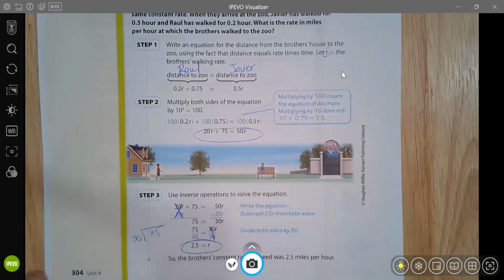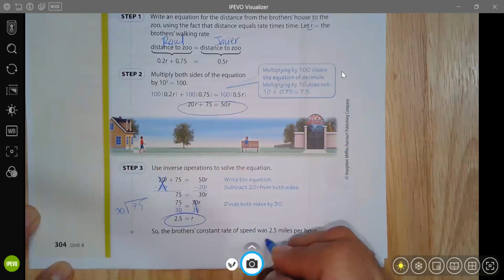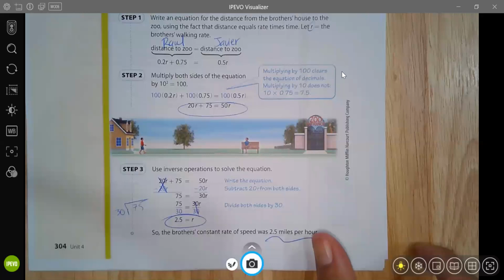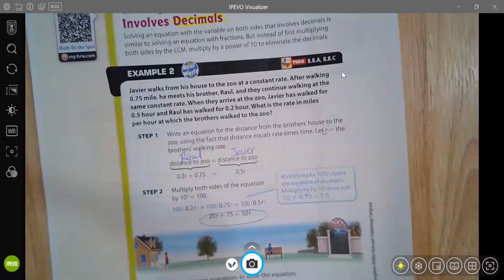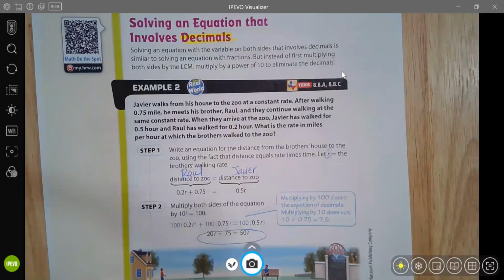So that means that the brothers had a constant rate of speed of 2.5 miles per hour, okay? So that is one way to solve for decimals with a real world situation, okay?